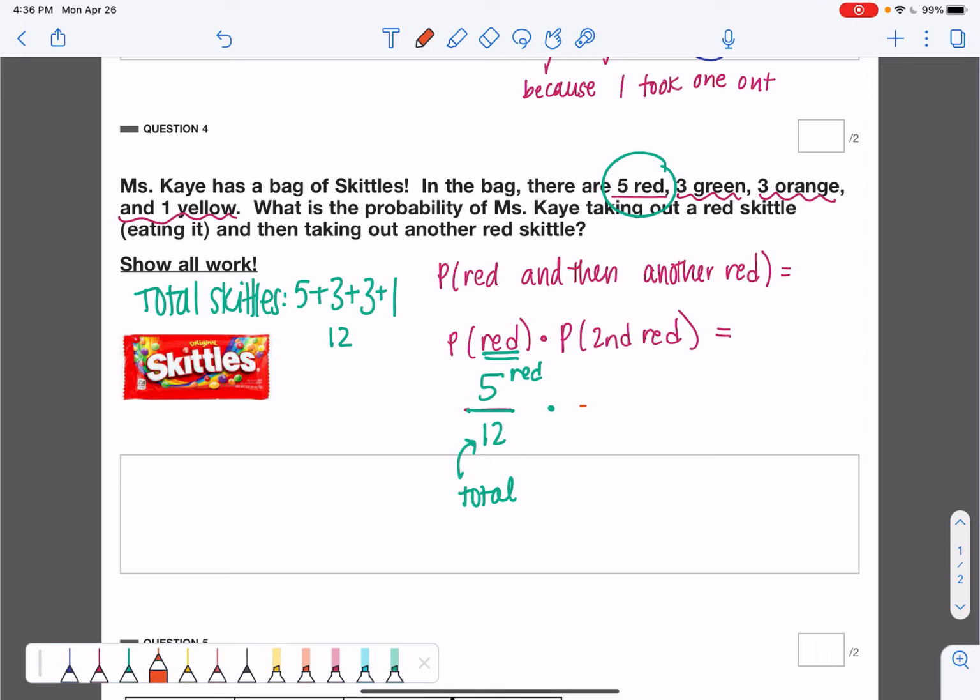Times, I ate 1, so there are only 11. New total, because I ate 1. And I ate a red one, so now there are 4. And just like the last time, we multiply across. 4 times 5 is 20. 12 times 11 is 132.